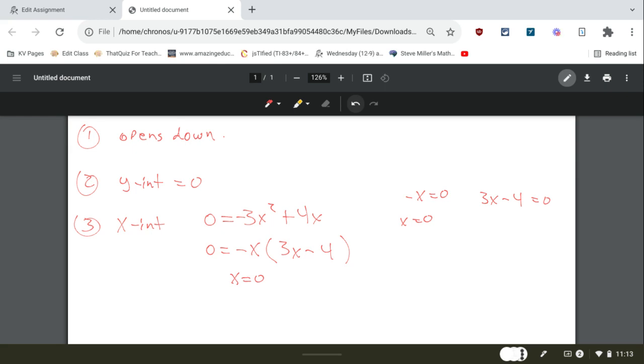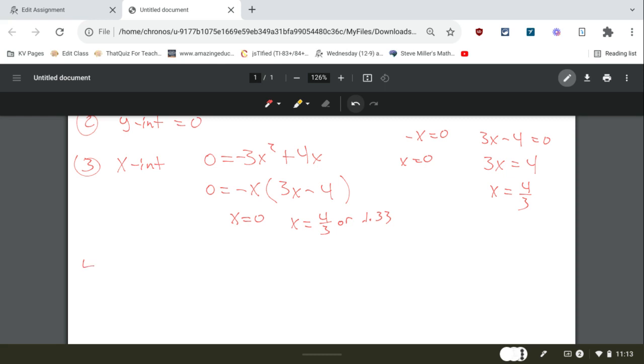When you solve this one, you move the 4 to the other side, plus 4, and then divide by 3. So x equals 4/3, or you could say 1.33.